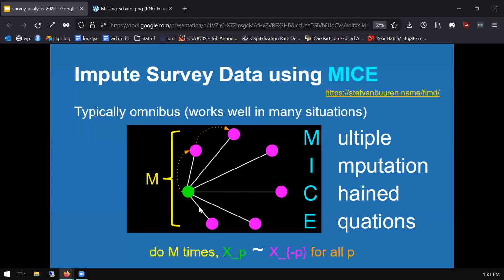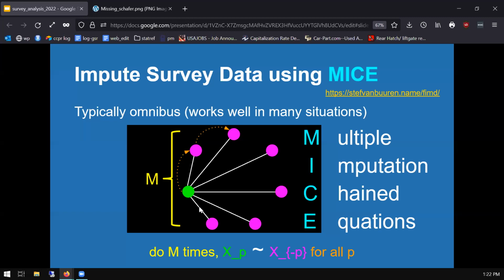The idea of m multiple is now you have uncertainty between the 5 data sets. You can propagate that forward into your final estimate, and your final estimates intervals now fold in this imputation uncertainty.